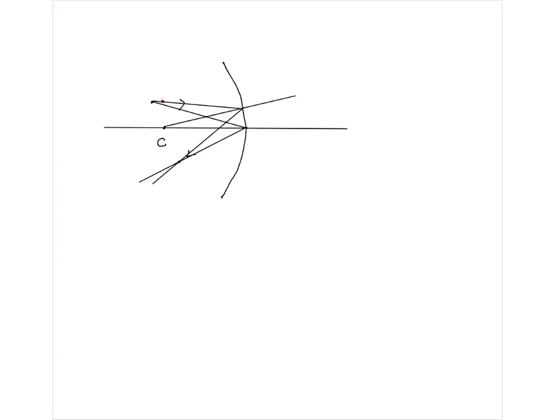Here in this particular drawing, you can see it's different from a plane mirror. The reflected rays are actually meeting each other. This one is reflected, this one is reflected. They are actually meeting each other. That means it has to be a real image.